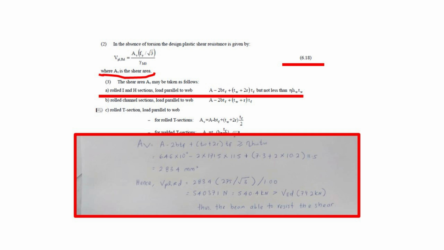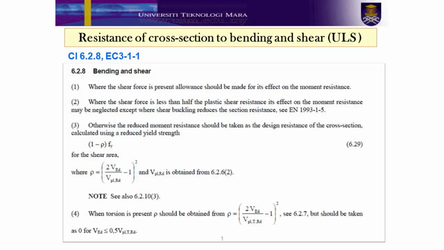Finally, we determined that VPL,RD is larger than VED, thus the beam is able to resist the design shear under the applied loads. Clause 6.2.8, EC3 Part 1.1, provides the guideline on the resistance of cross-section due to the combination of bending and shear. You need to verify whether the presence of shear force will reduce the bending resistance of the cross-section or not.